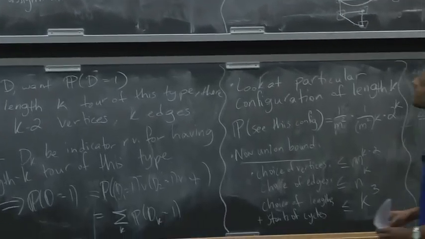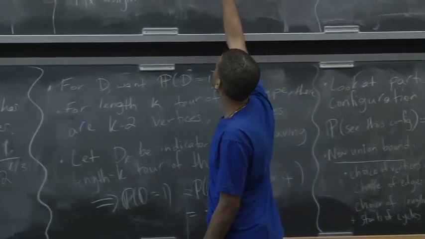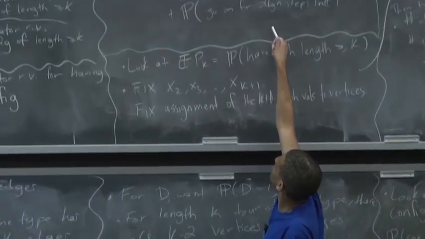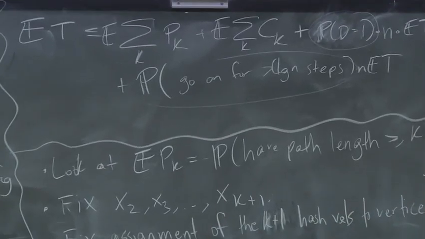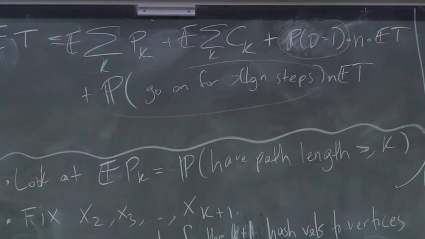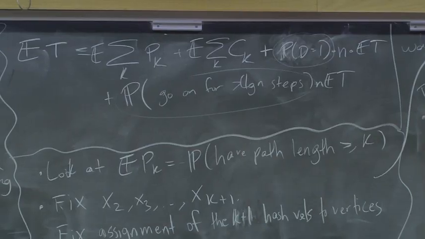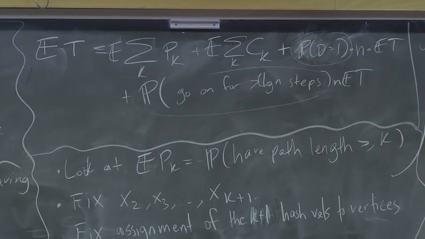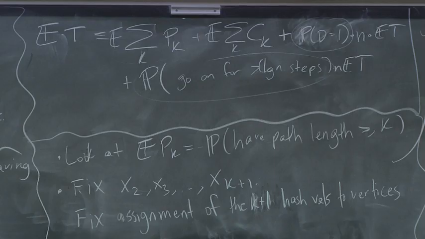Okay. And actually, we basically already proved that this thing is small as well, right? Because for this to happen, for us to go for many steps, either d has to occur, which we showed happens with small probability, or we have to have p log n or c log n occur, right?